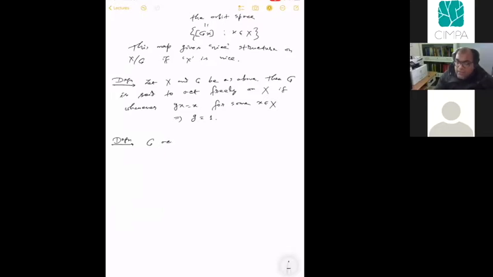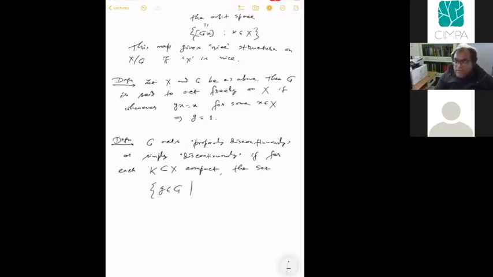And then G acts, sometimes people call it properly discontinuously or simply discontinuously, if for each compact K in X, the set of elements g in G such that g K has non-empty intersection with K is finite.